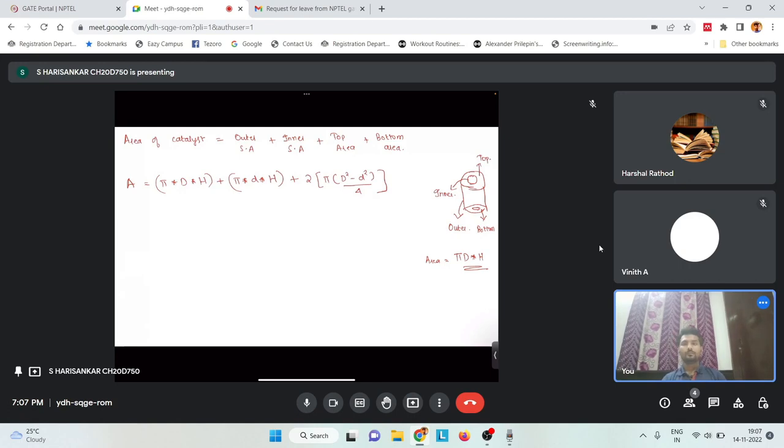So here capital D is basically 25 mm, small d is 20 mm, and h is 25 mm.